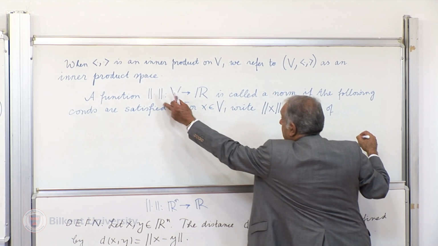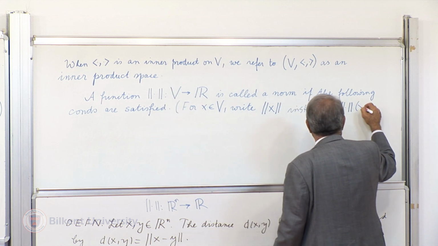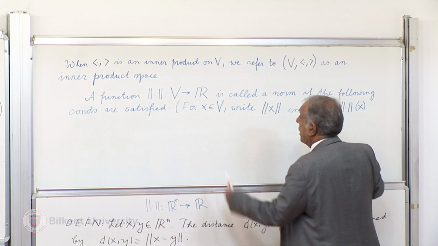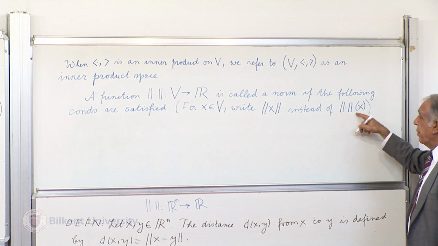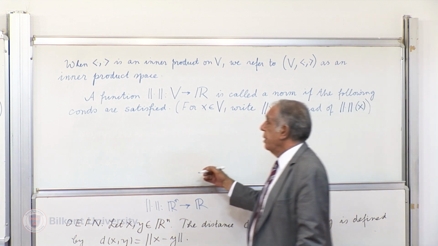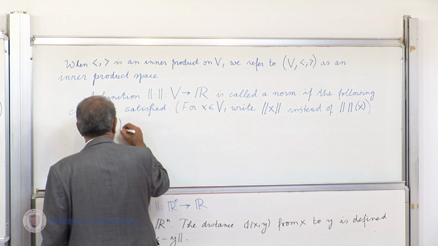Now again, if this stands for a function, then the image of x under this function, in the functional notation we use this, but we will use this. But the following conditions, we know what they are.